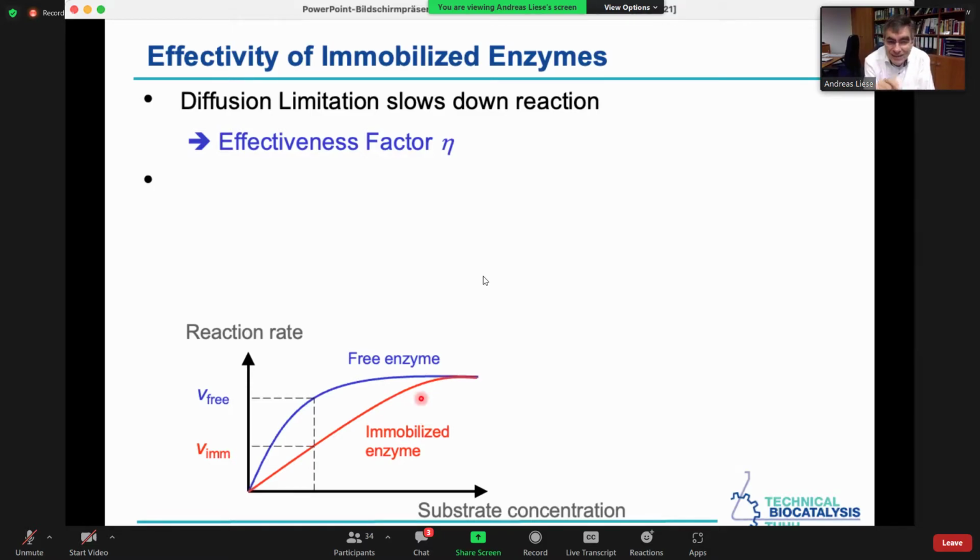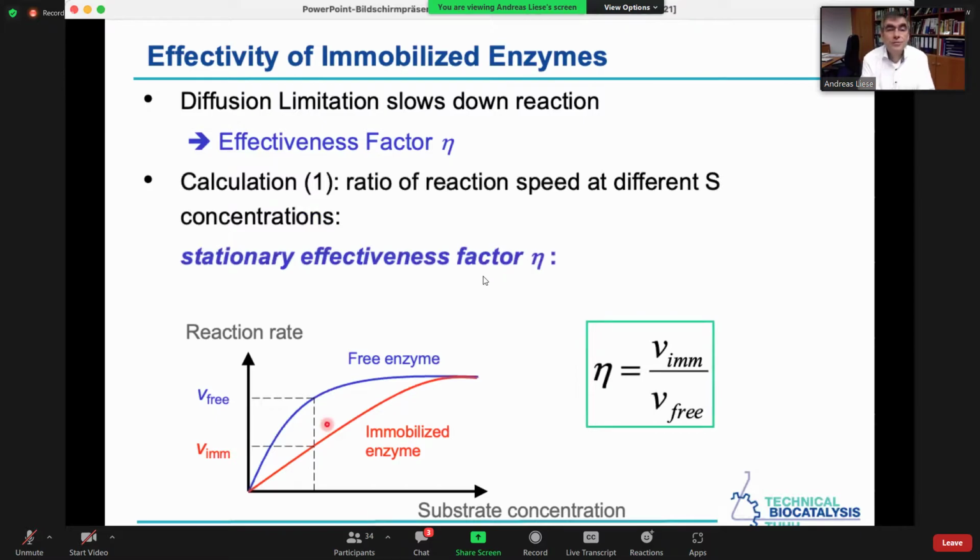Important point, in the kinetic plot, we will see that the curve becomes lower, but the Km value will stay the same normally, and also Vmax will stay the same in most cases, but we have a lower reaction rate. The calculation of this effectiveness factor, based on kinetics, is termed the stationary effectiveness factor.